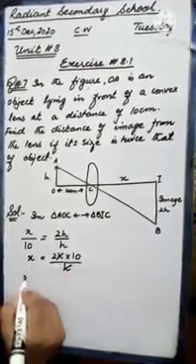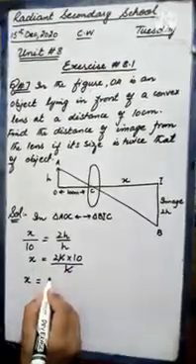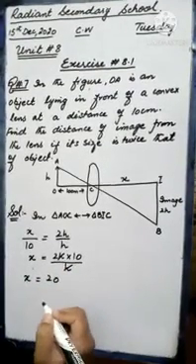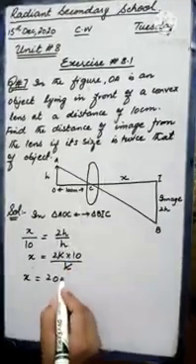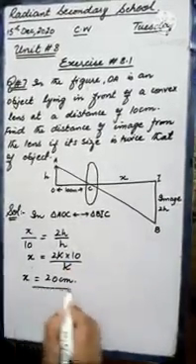H and H can be cancelled, so now X is equal to 20 will be your answer, and the unit will be as it is in the question, so 20 centimeter will be your answer.